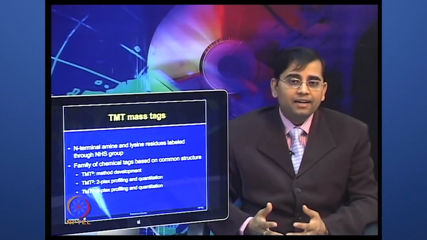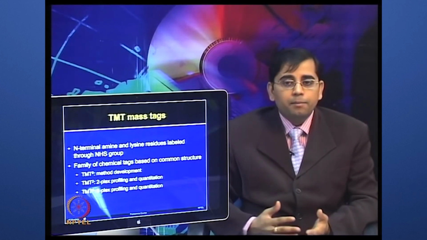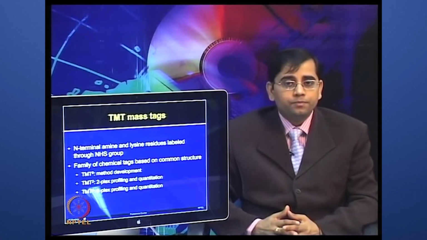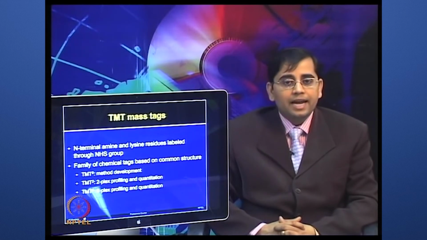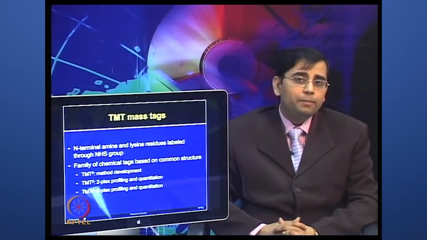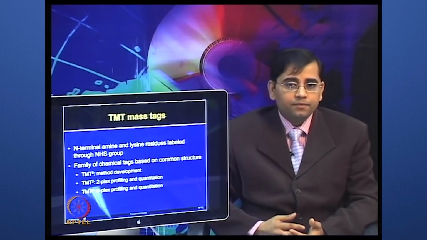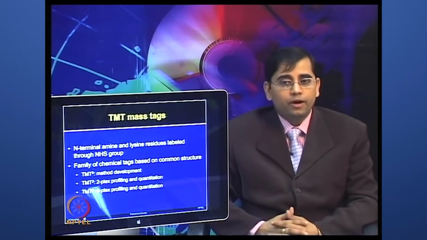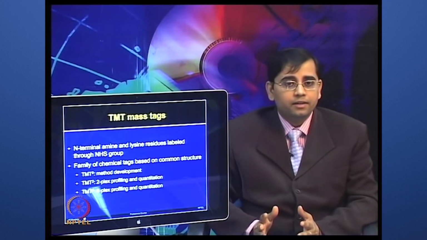While duplex and 6-plex TMT labels differ by the number of isotopic substitutions, the TMT 0 is a non-isotopically substituted structure that has been produced only for method development. During the MSMS analysis, the TMT tags give rise to 6 reporter ions from 126 to 131 Dalton.